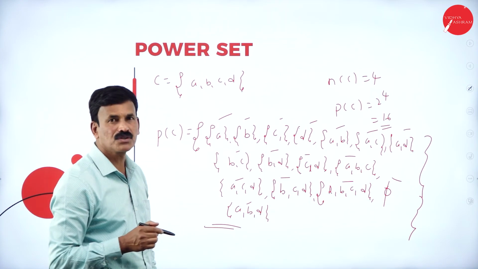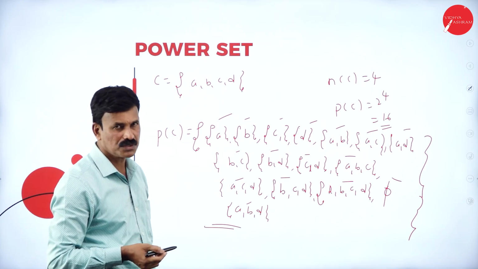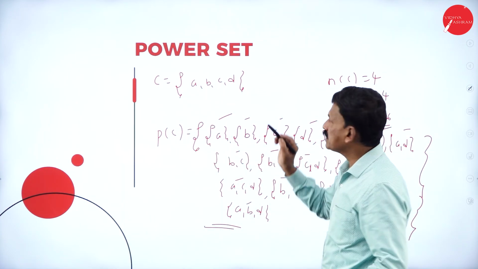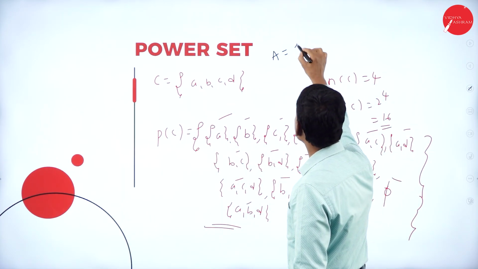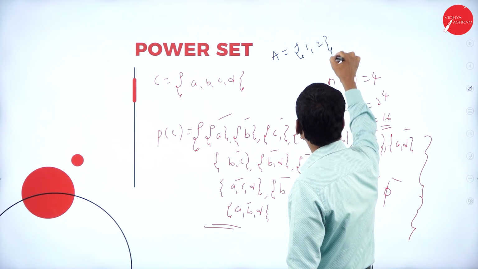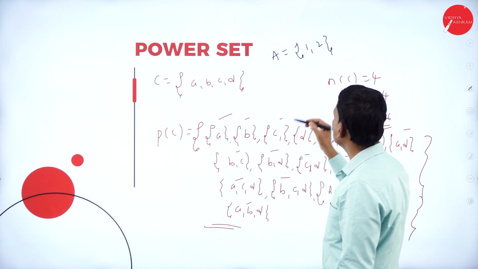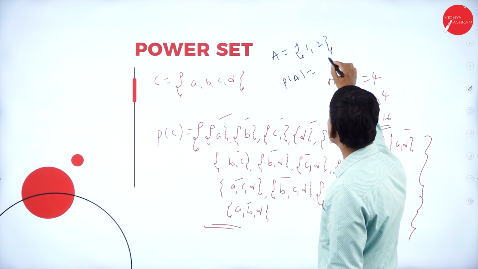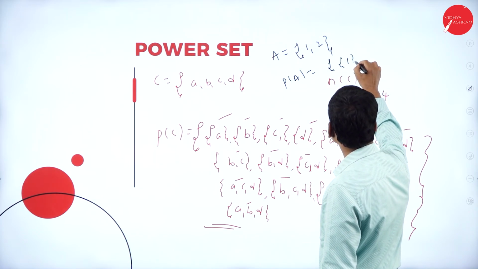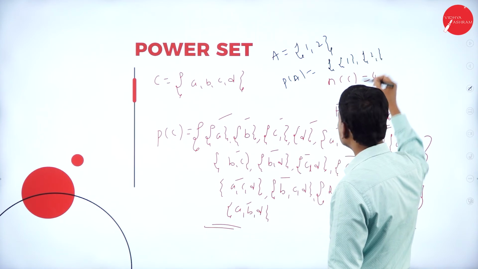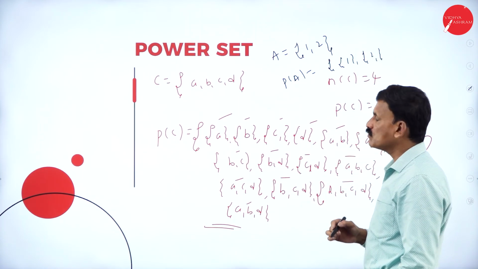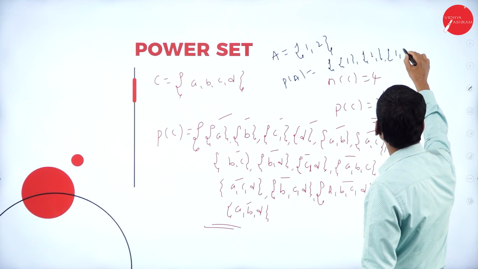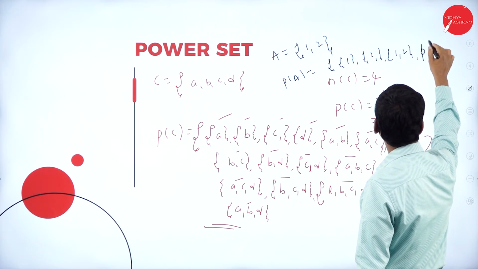So this is how we are going to write the number of subsets. Now suppose a set contains the numerals A is equal to {1, 2}. The number of subsets is 2 to the power of 2. The power set of A can be written as {1}, {2}, {1, 2} and the null set.